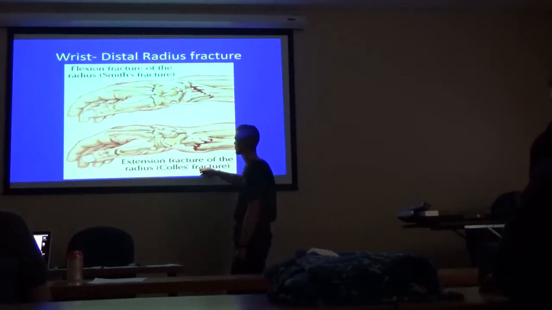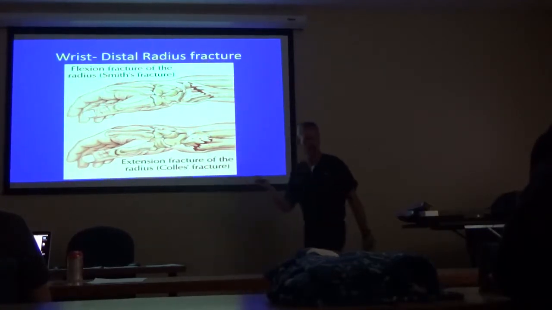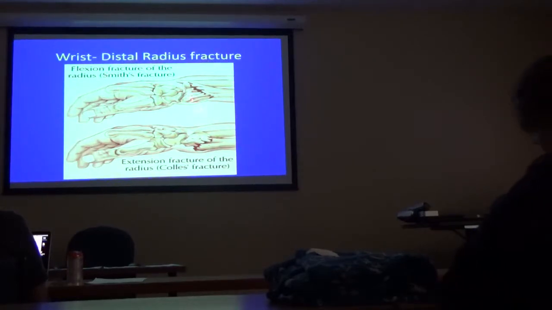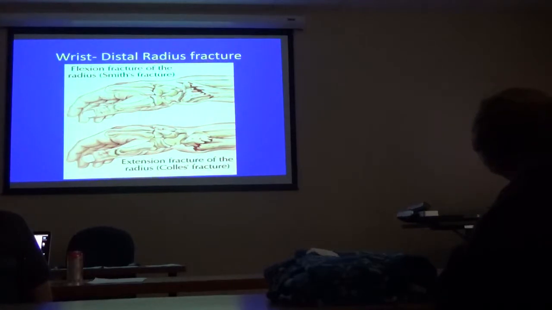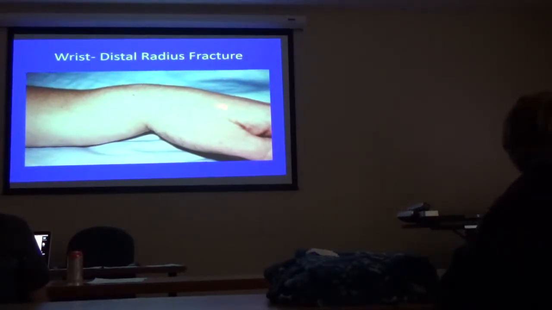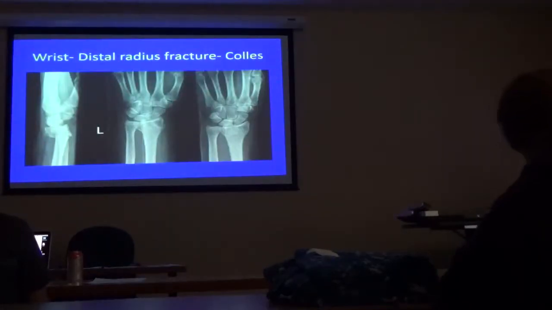So, Colles fracture, your distal fracture segment is dorsally displaced, right? And the Smiths are palmarly displaced. Okay? I think I've articulated that better in the notes, so I apologize. Dinner fork deformity. I guess it looks like a dinner fork. You can see that. It's like, yeah, you broke your wrist. Should not look like that.